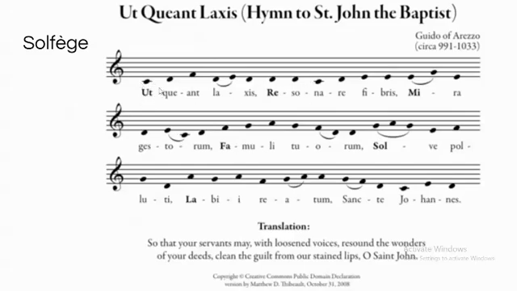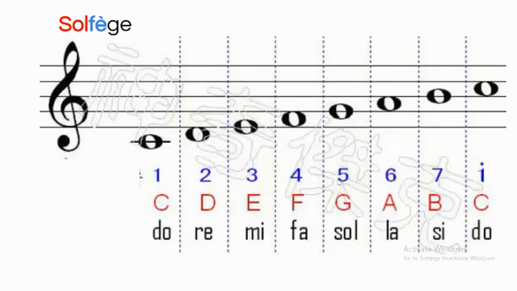He said ut for middle C, re for D, mi, fa, sol, la, and you notice that that's the highest notes that's on here, so it doesn't go any higher than that. And so eventually they changed that. Instead of ut, they said that doesn't sound right, and so later it became do, re, mi, fa, sol, la, si, do.